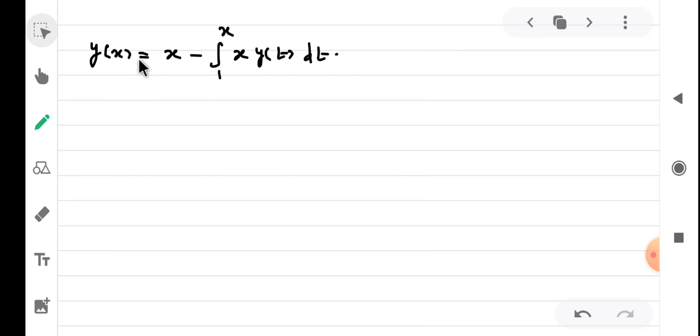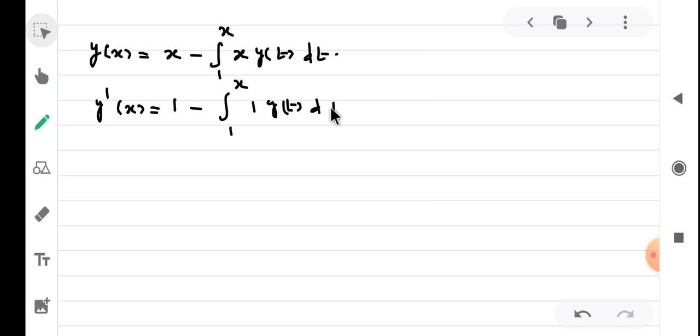Now differentiate this function with respect to x. So I will get y dash of x is equal to, if I differentiate x, I will get 1 here, minus, here I need to use Leibniz rule. So integral 1 to x, I need to differentiate this x partially with respect to x, so it will become 1 into y of t into dt.